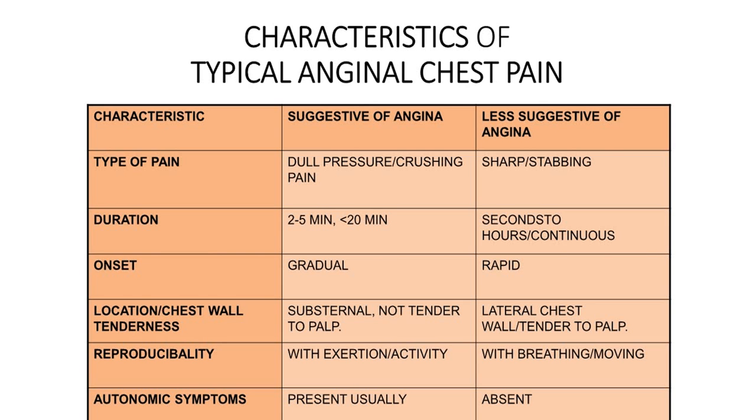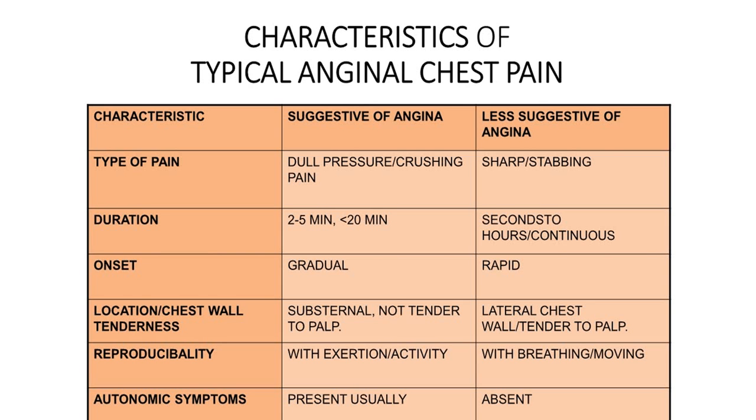Autonomic symptoms like nausea, vomiting, prostration are usually present in stable angina, while they are usually not seen in musculoskeletal pain. Fever may be present in the case of costochondritis.